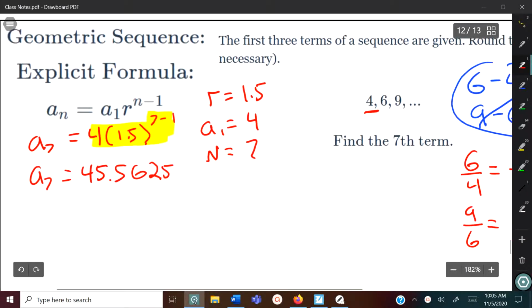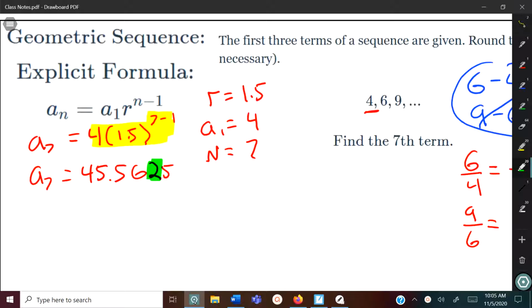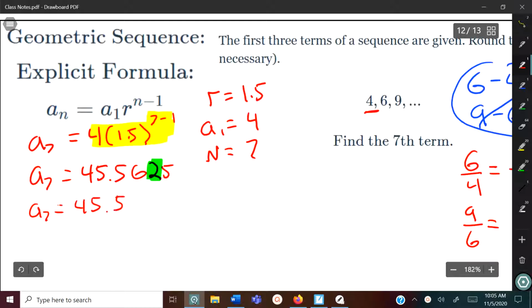But the thousandths place is this number here. We look at the number to the right of that and round from there. So that's going to get us 45.56, and because it's 5 or higher, we round it up. So that's going to be 3. So this is our answer.